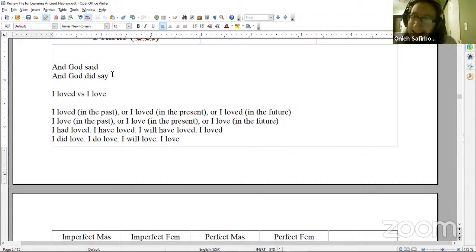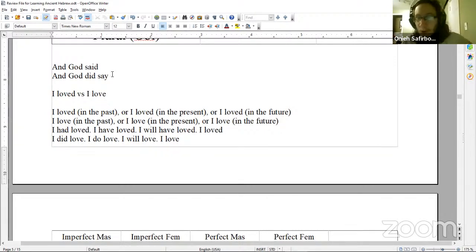Basically, the past tense form of verbs in English is the perfect form, not the spelling but the concept. And then the present tense is the imperfect form.